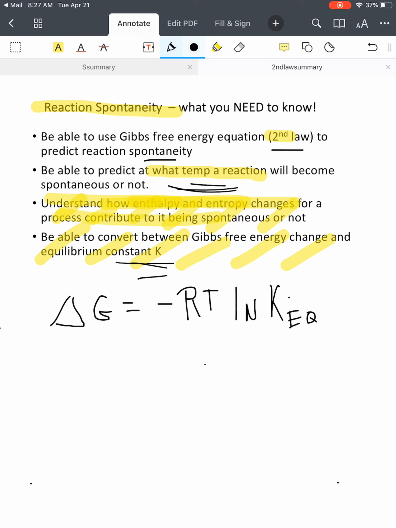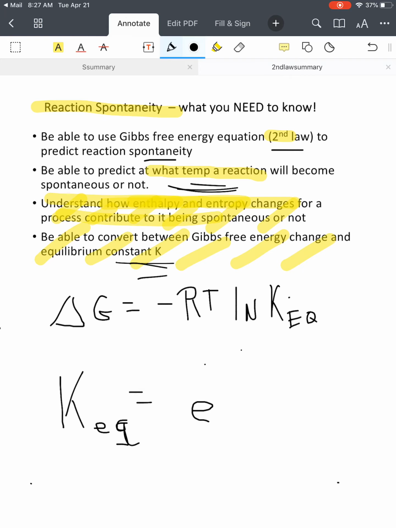Now sometimes you might want to solve for KEQ. So can we rearrange this equation to allow us to solve for that? Sure enough we can, by taking the anti-natural log. And that involves the number E, which is the base for natural logarithms.